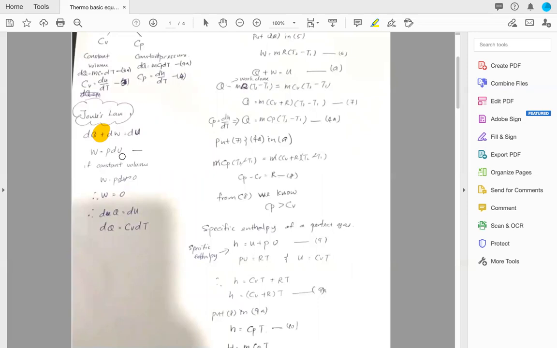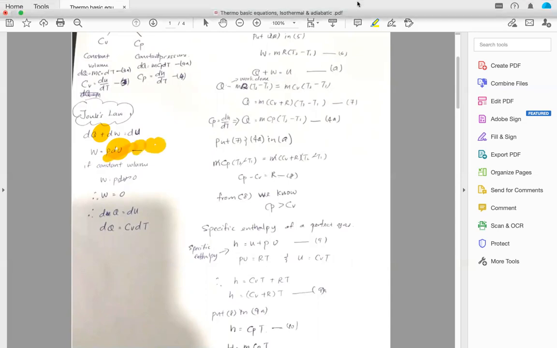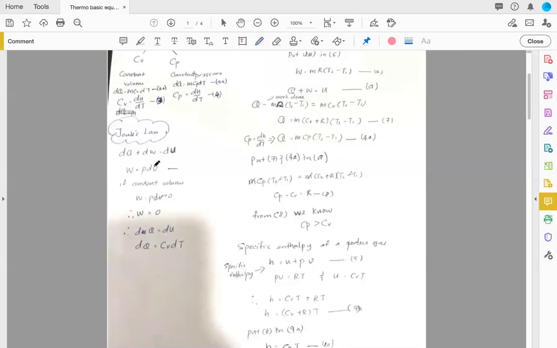But if you are at constant volume, this whole thing equals 0, right? So I repeat again, because at constant volume this will become 0, your work equals 0. So delta Q equals delta U. Since we have equation 3, delta U also equals CV delta T. Therefore we have this equation here.